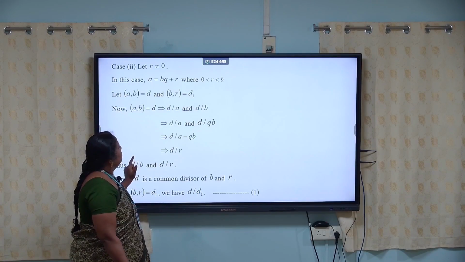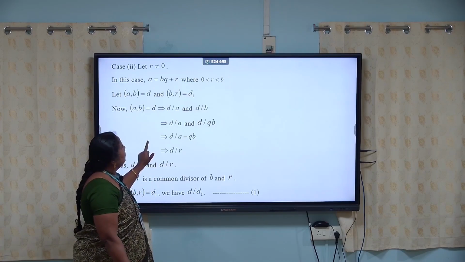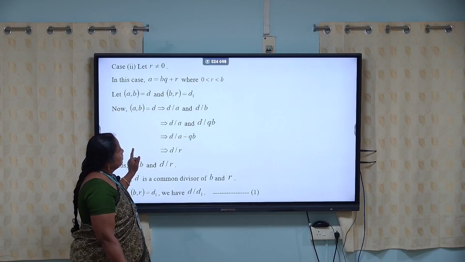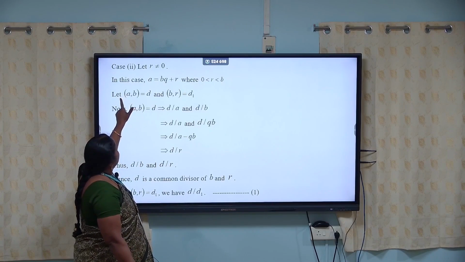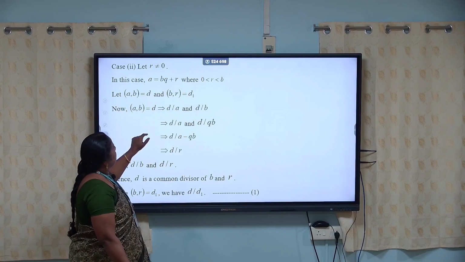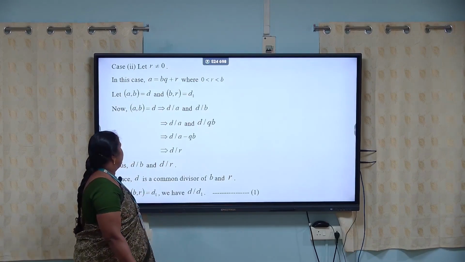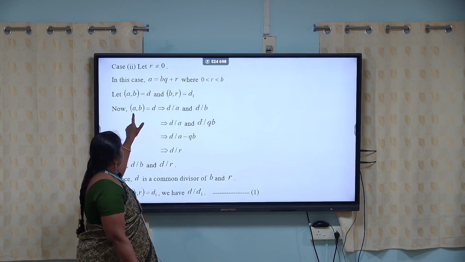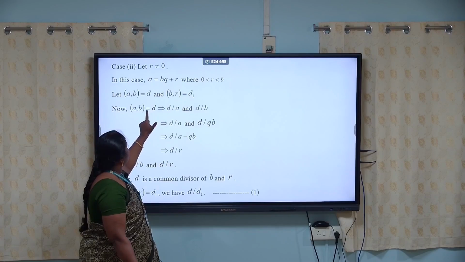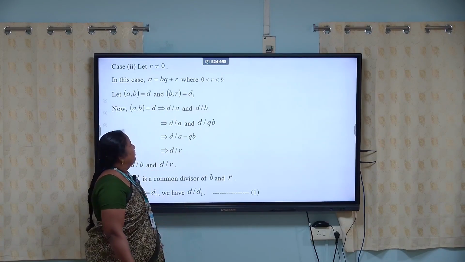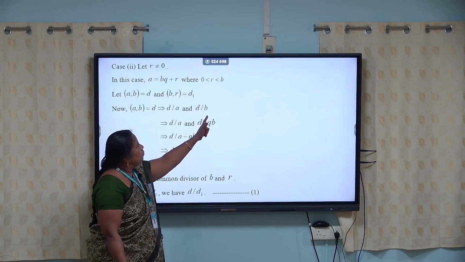Suppose we take r not equal to 0. In this case, a is equal to bq plus r, where r lies between 0 and b. We take the HCF of a and b is equal to d, and the HCF of b and r is equal to d1. Now, the HCF of a and b is equal to d implies d divides both a and b. That means d divides a and d divides qb.